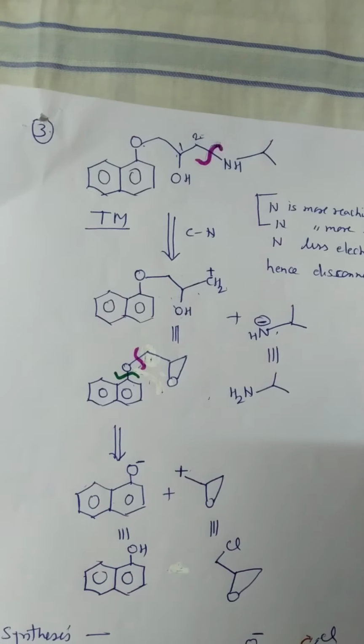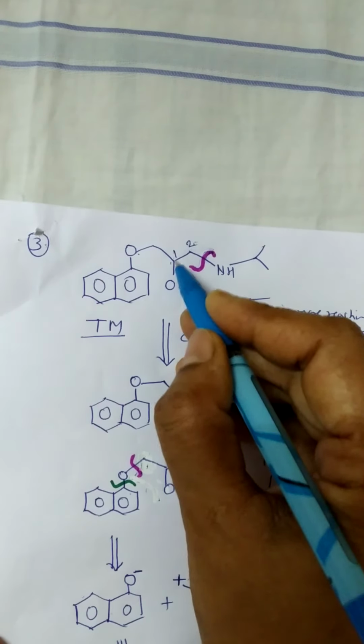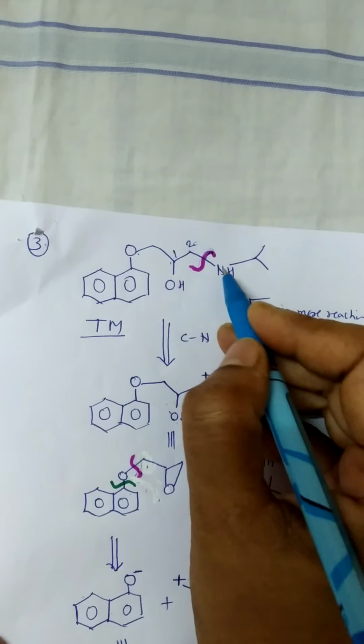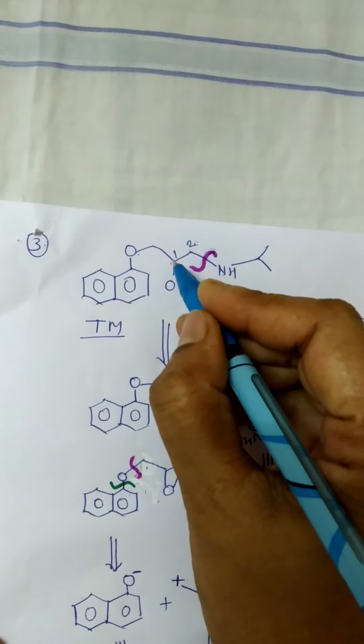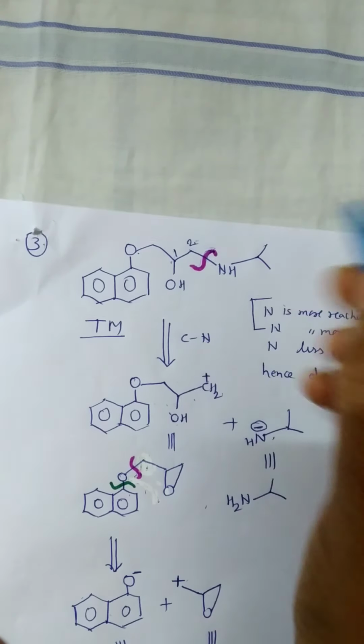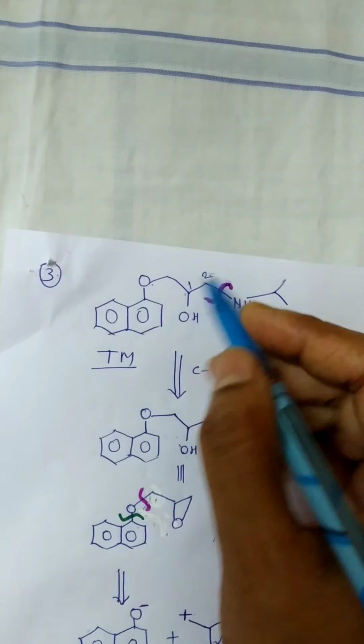Now the third example. Here there are two functional groups, one is the hydroxy and the second one is this amino group, present at positions 1 and 2, and here we also take two choices.